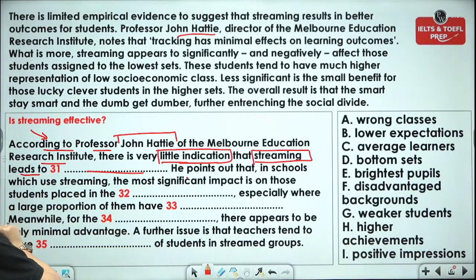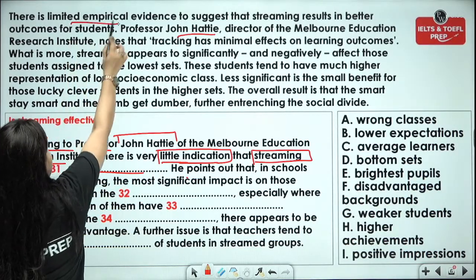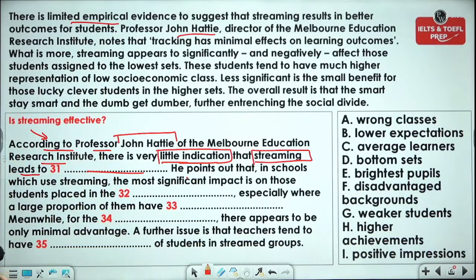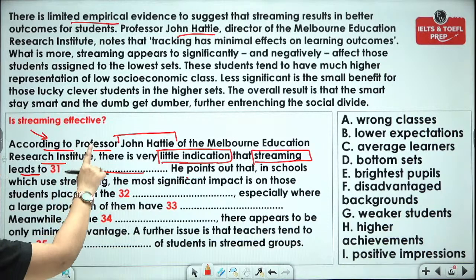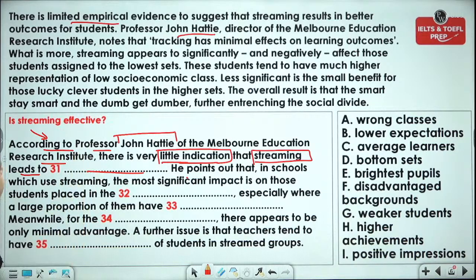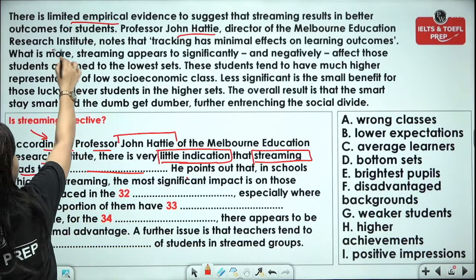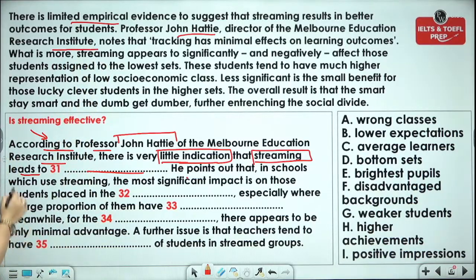Okay, so according to Professor John Hattie, there's little indication that streaming leads to dash. Little indication means, here you go, there's limited empirical evidence to suggest that streaming results in better outcomes for students. Professor John Hattie, director of the Melbourne Education Research Institute. Now this also is written here, and this also is written here, Research Institute. He notes that tracking has minimal.